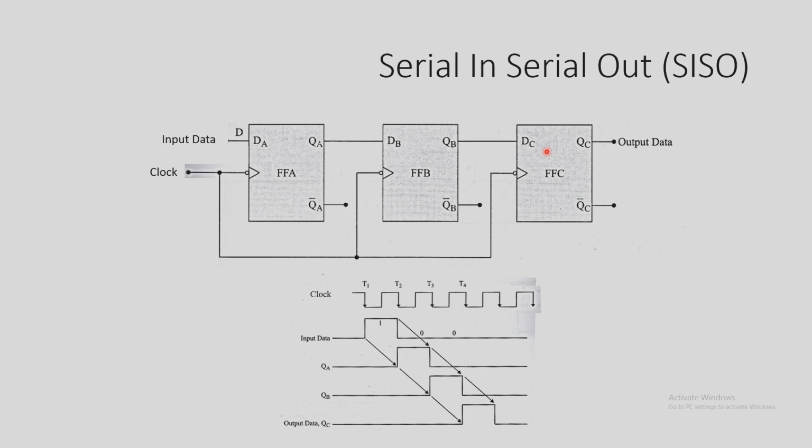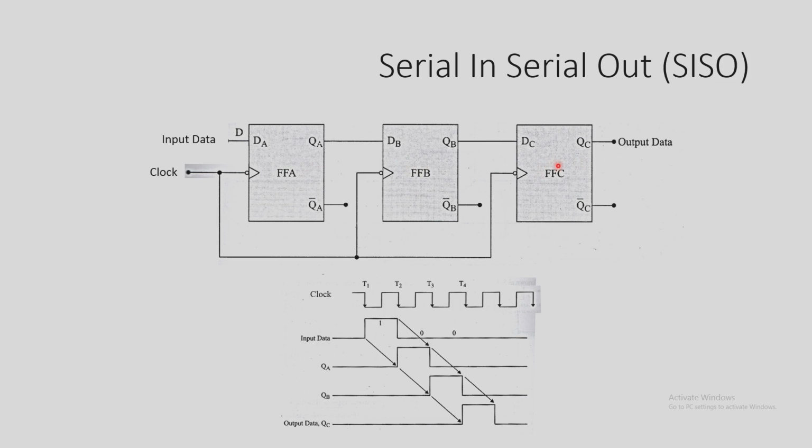Similarly, at the next negative edge, this 1 will be shifted to this flip-flop and these two flip-flops will be 0 now. So data shifts from left to right. So you get a register which shifts data from the first flip-flop to the second, second to third.